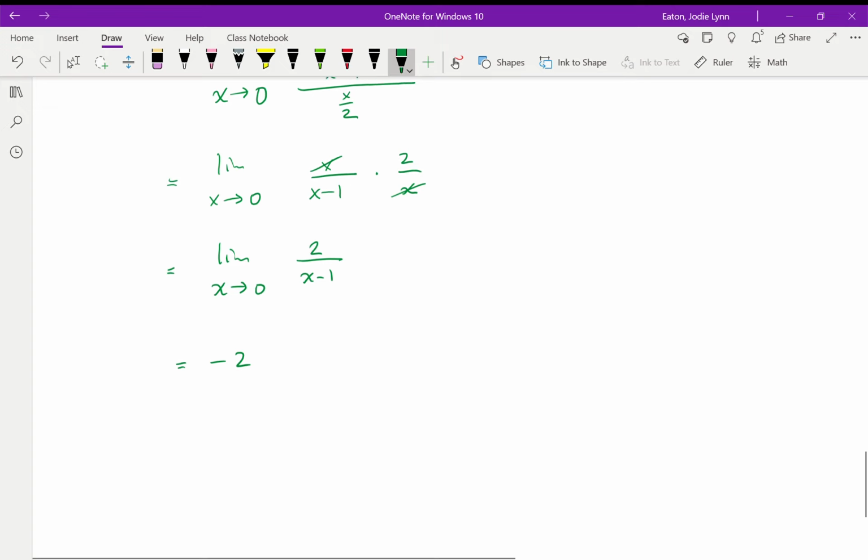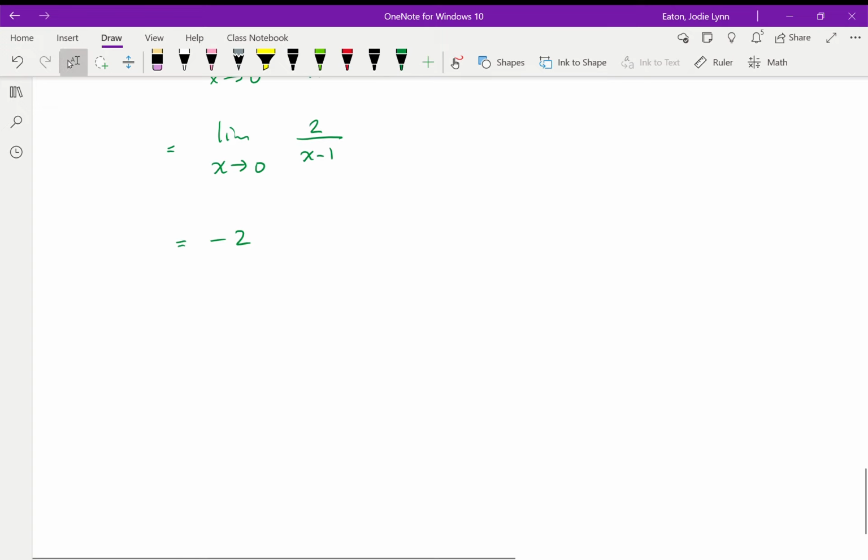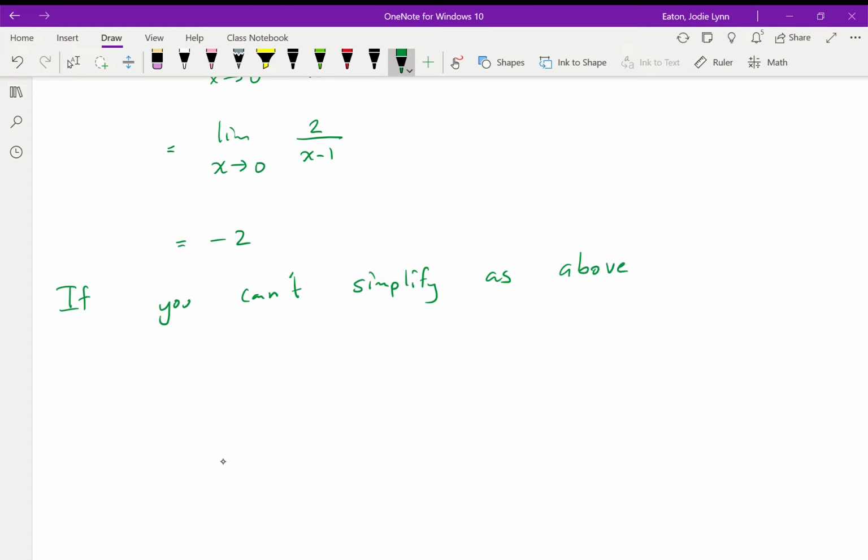Okay, so what happens if you can't simplify as above? Okay, so by factoring or by dealing with some fractions and simplifying as much as you can. So factor or add, subtract rational expressions, okay?